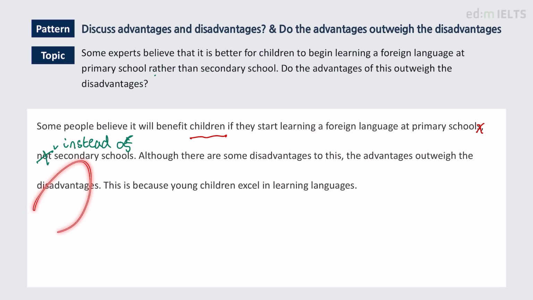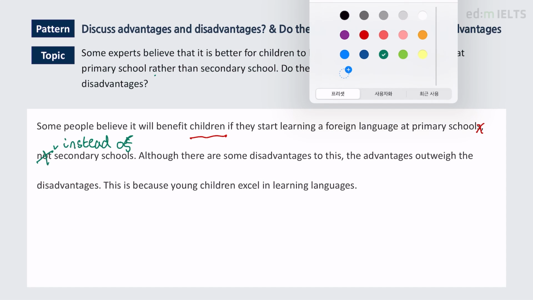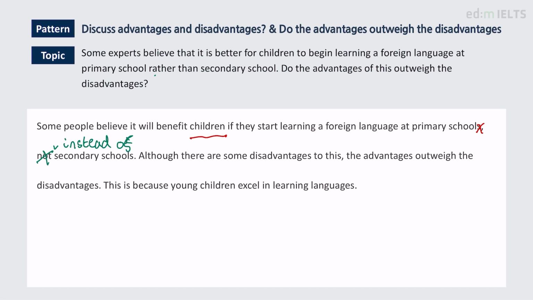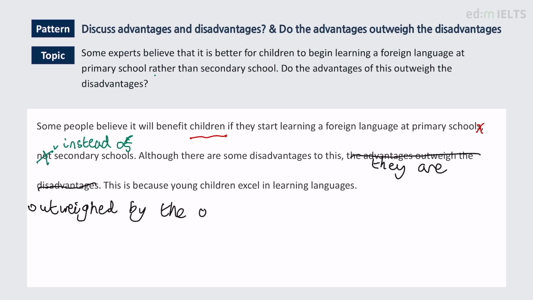The advantages outweigh the disadvantages. So let's change that to make it a bit smoother for the reader, more cohesive. So although there are some disadvantages to this, those disadvantages, I'll use the passive, they are outweighed by the many advantages overall.